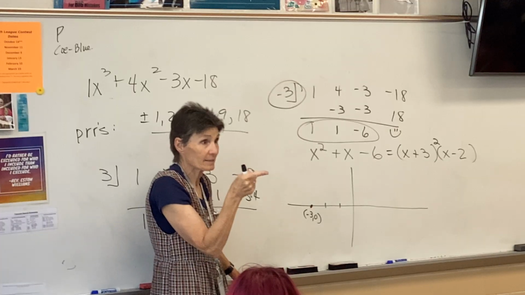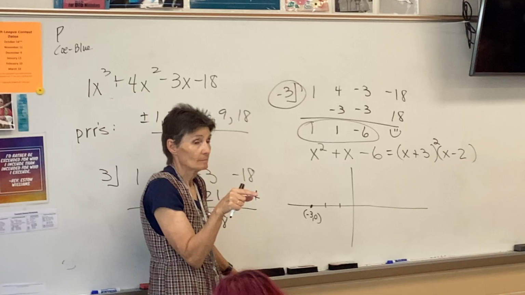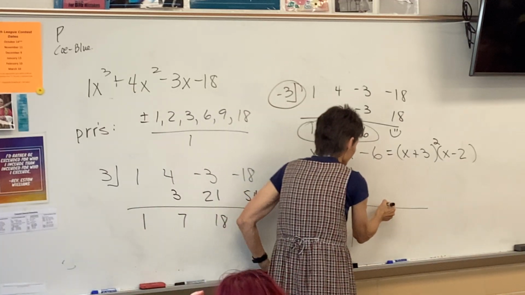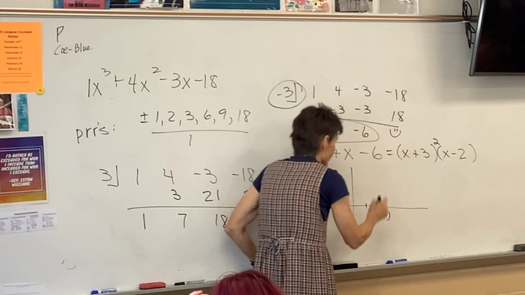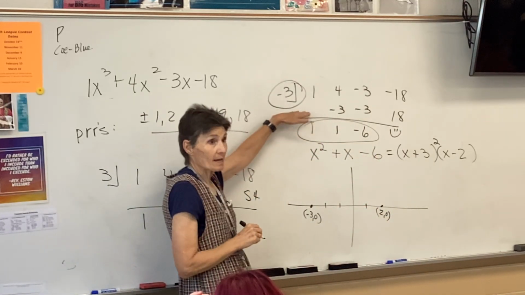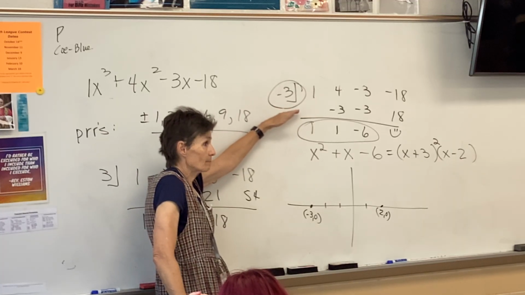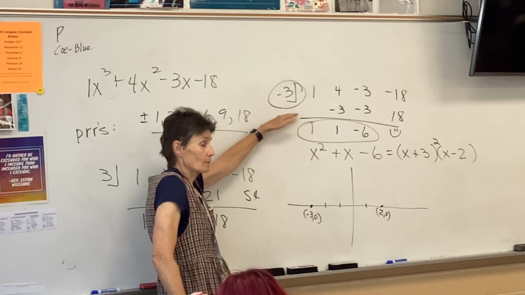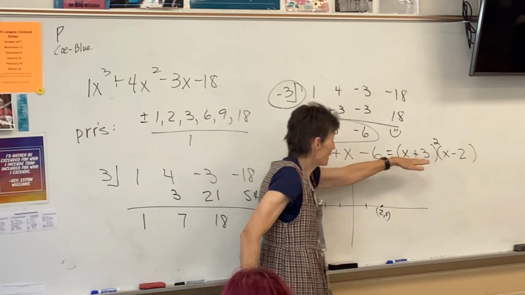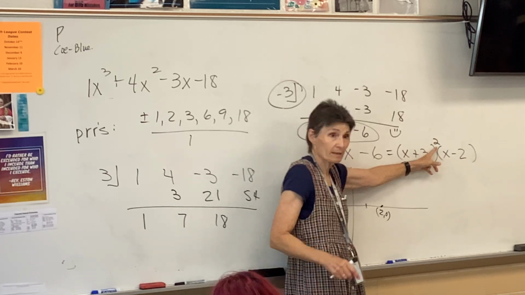Because that dot happened twice? Oh, yeah. And then I have 1 at 2. This guess gave me a dot at -3. Then when I worked it out, I got another dot at -3. So I have 2 dots at -3.